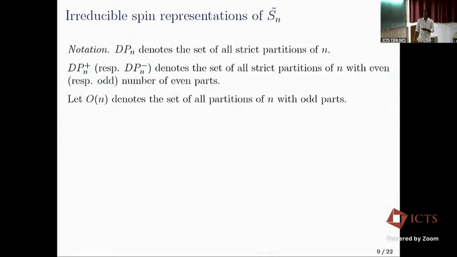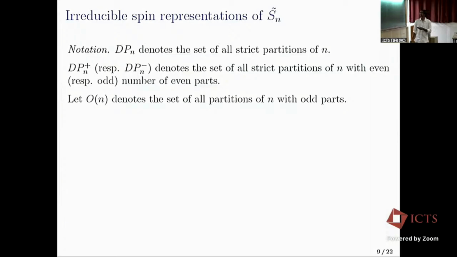So a bit of notation, and now we'll describe all the irreducible spin representations of Sn tilde. First, DPn denotes strict partitions of n, meaning all parts are distinct, and DPn plus denotes strict partitions with an even number of even parts, while DPn minus denotes strict partitions with an odd number of even parts, and On denotes the set of all partitions with odd parts.